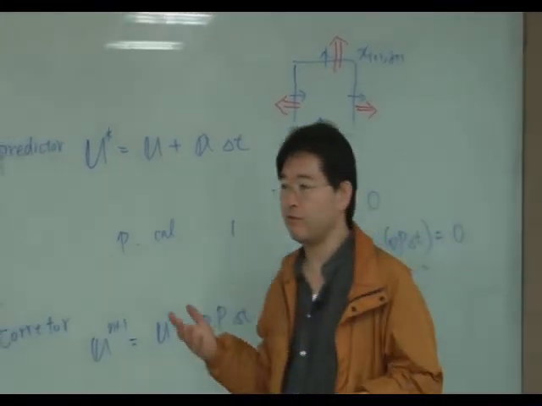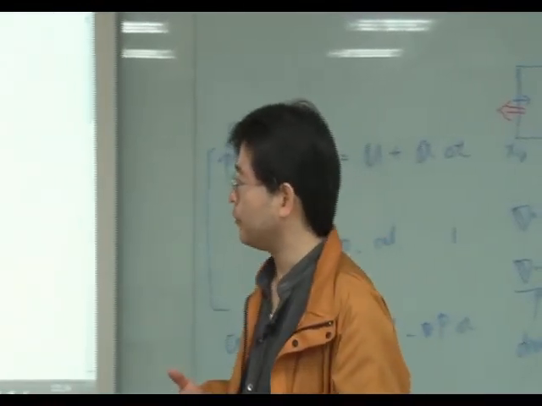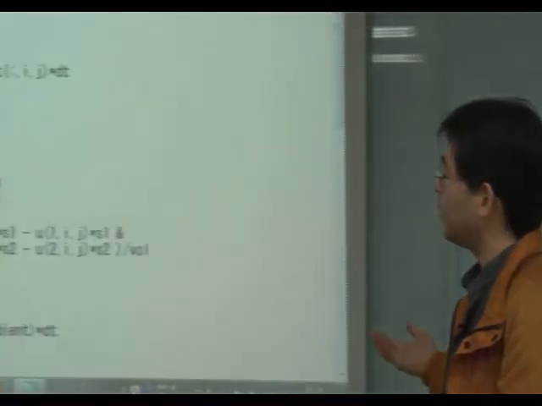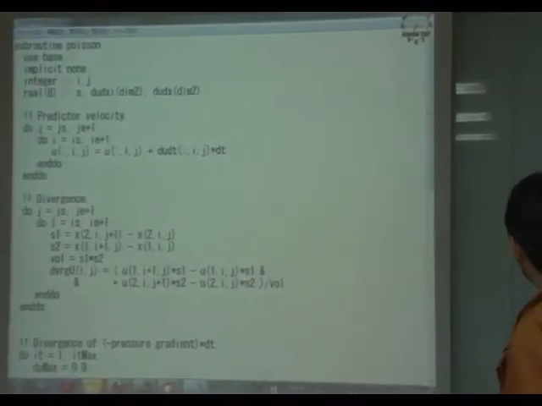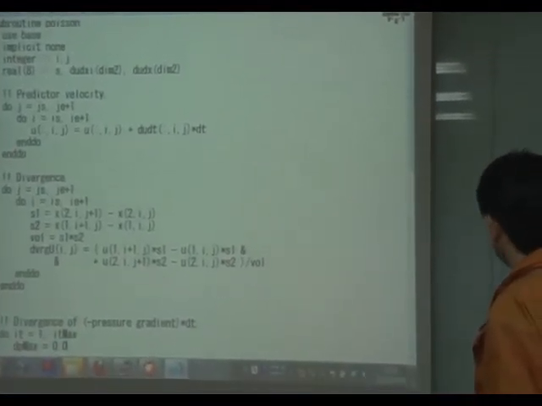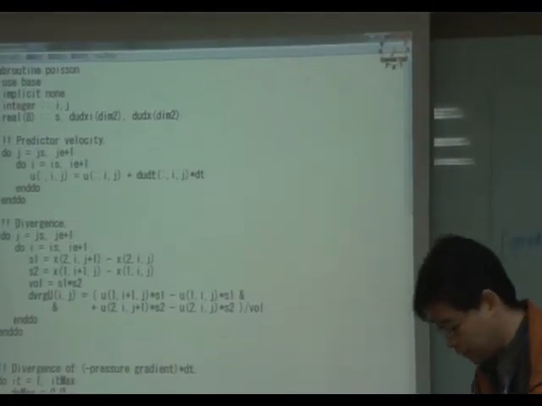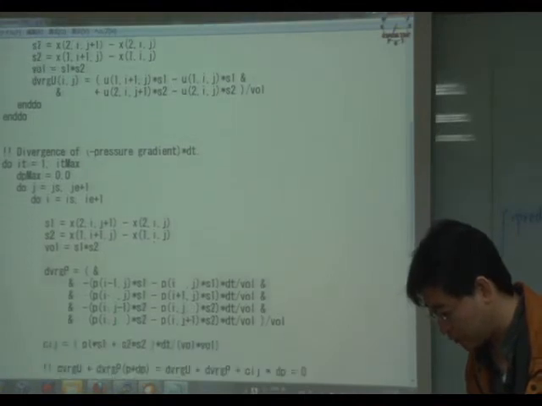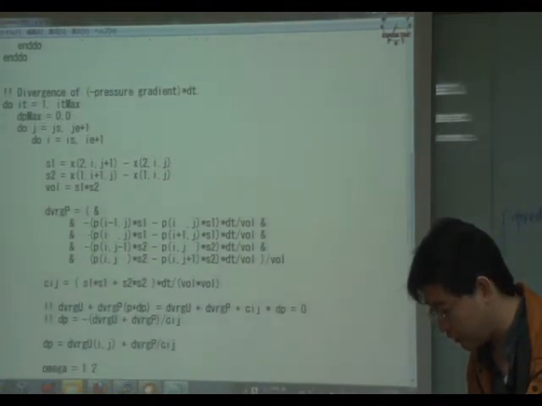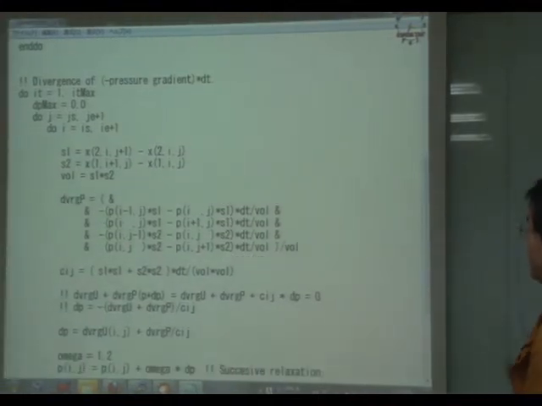It does not satisfy the incompressible condition because it is only the predictor velocity. It is only provided by the diffusion term and convection term. So we have to correct the error of divergence.